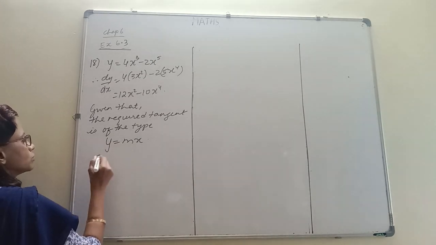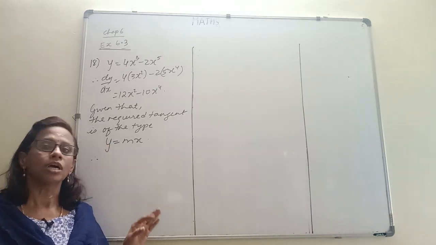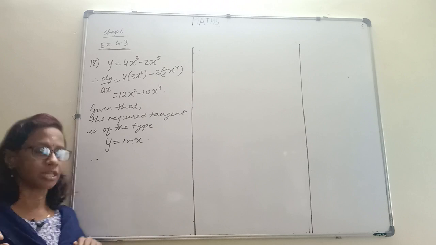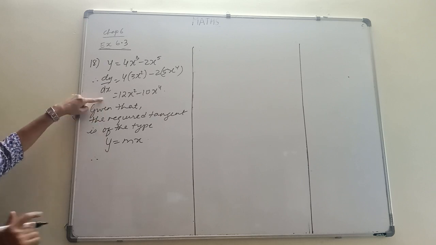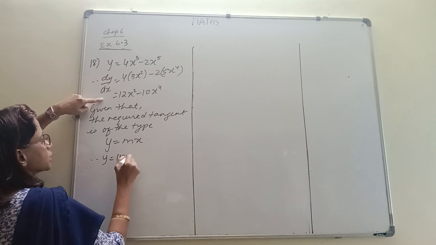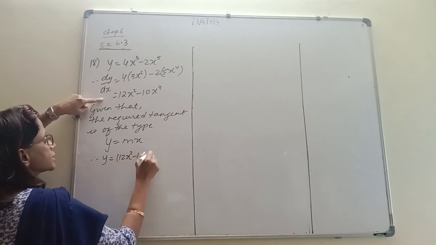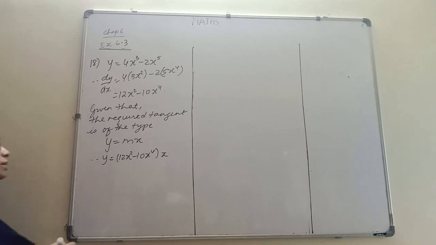So now everything is new: y is new, m is new, x is new. But m we know is the slope of the tangent, and the slope we have found out. Though we don't know it numerically because we don't know the point, we know it generally. So we can write y equal to dy by dx, which is 12x squared minus 10x raised to 4, into x. This is known to us.